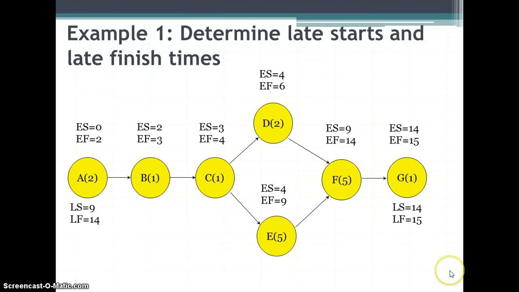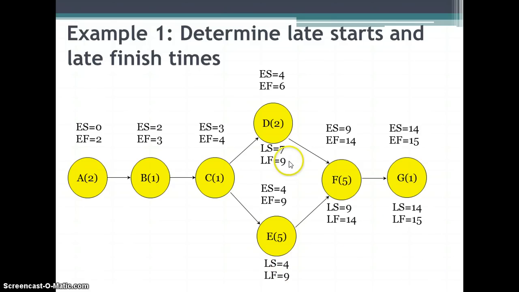For F, the late finish of F is the same as the late start of G. We subtract 5, and so therefore the late start of F is 9. For E, the late finish of E is the same as the late start of F, and we subtract 5, so the late start is 4.